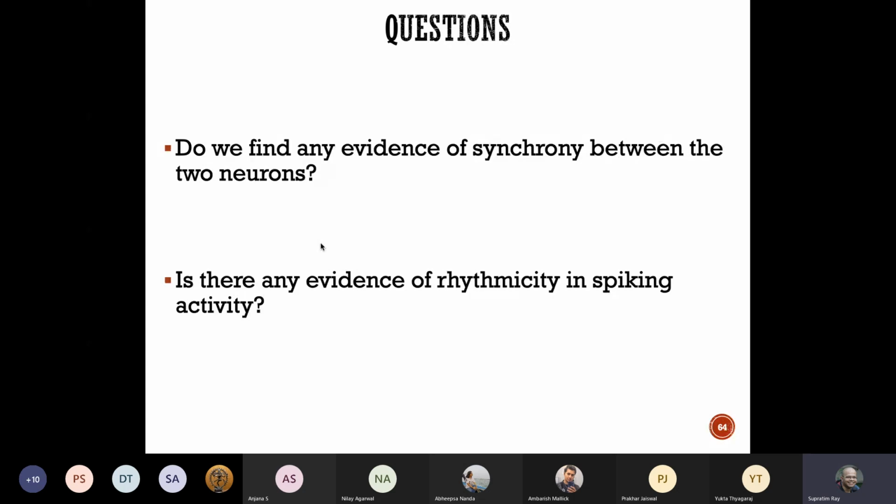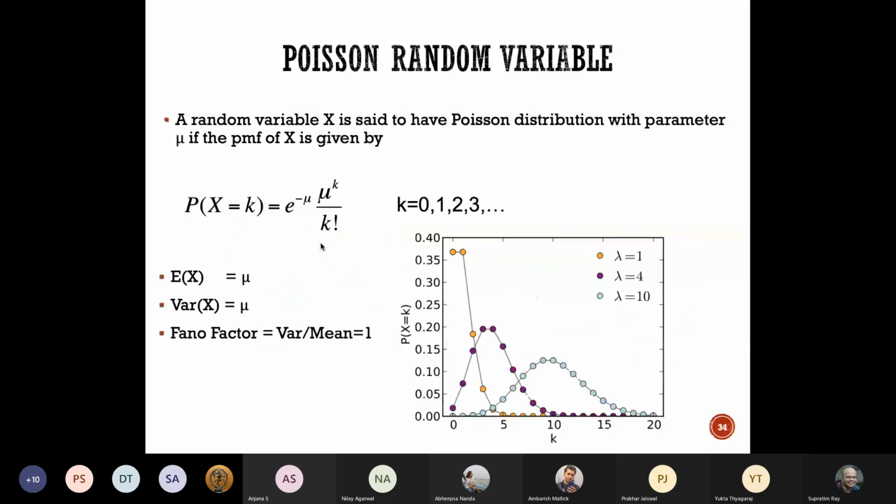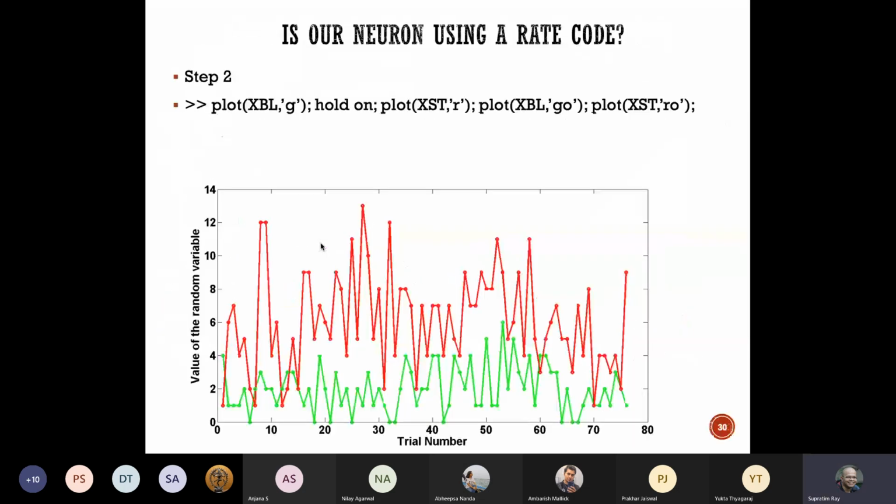So how do we answer the question? Any ideas before we actually get to this? What do you guys think? I give you the data, that's all you get. Everything about the neural firing is there in the raster plots. You know what they look like. Let me just go back and show you. This is it.